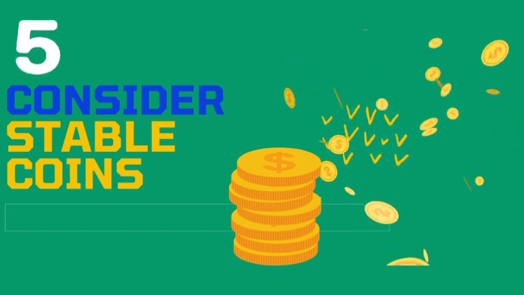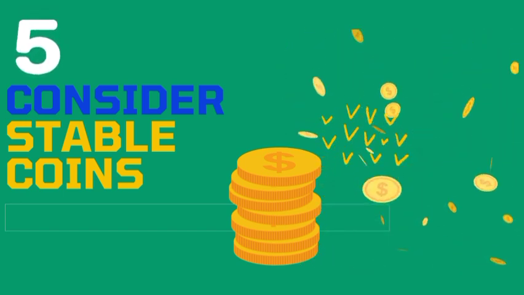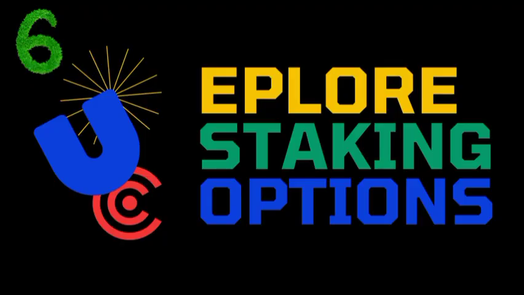All right, this being said, let's look at the sixth one here. The sixth one is explore staking options. Staking is one approach to surviving and enhancing crypto assets amid a protracted downturn in the cryptocurrency market. Staking might not be a popular tactic in a bad market.